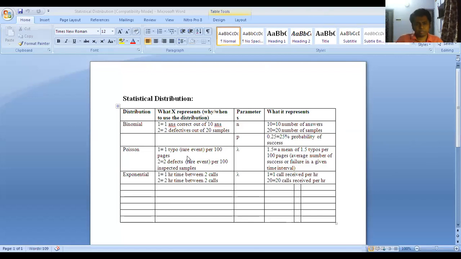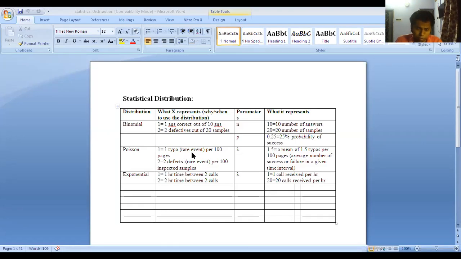It is not that kind of thing. Why? Because when you are considering the defective items, you are taking suppose 10 samples. Out of 10 samples you can consider how many defectives there are and how many non-defectives there are. So that's why you can easily consider the binomial distribution.